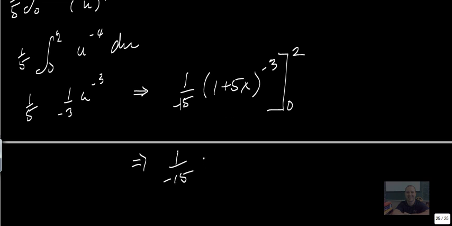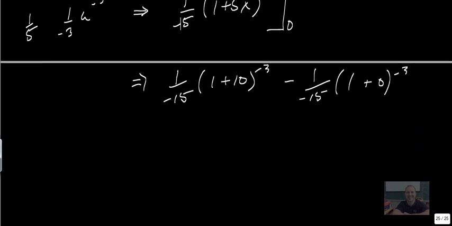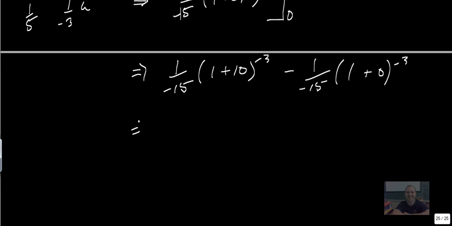So if we substitute in 2 here, we get 1 plus 10 to the power of negative 3, minus 1 over negative 15 times 1 plus 0 to the negative 3. And we simplify this.